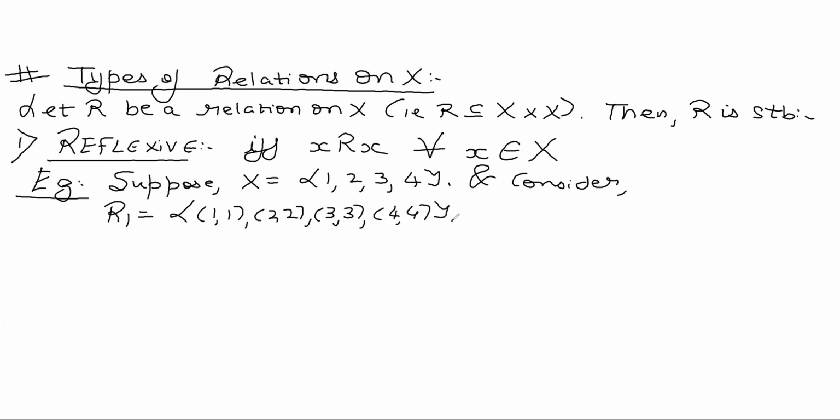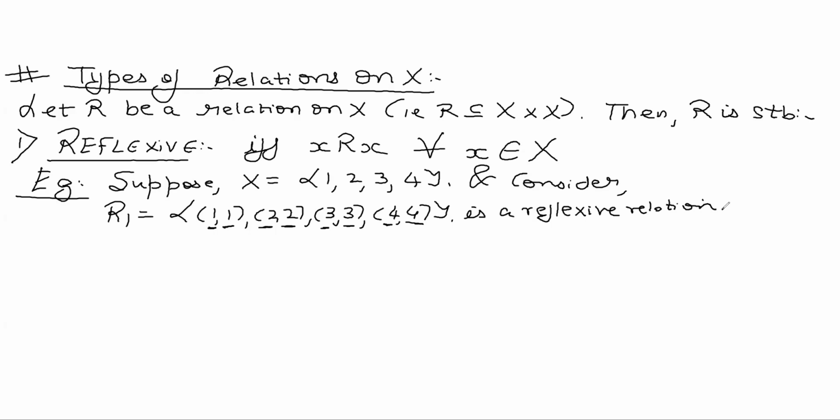Is this a reflexive relation? Yes, because every element is related to itself. So I can say that R1 is a reflexive relation. Why? Because every element of the set X is related to itself.